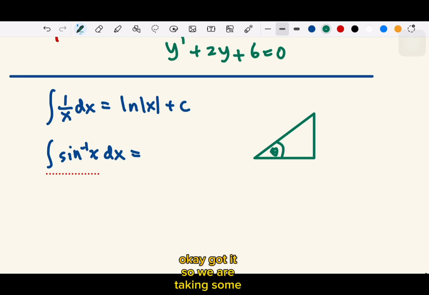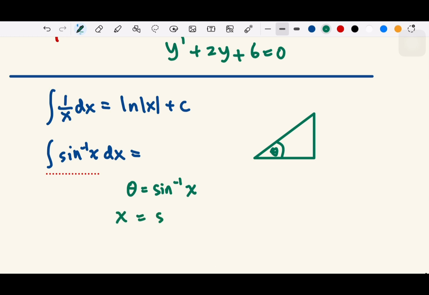So we are taking some angle that is the sine inverse of x. So x is the sine, and we can make it into our triangle, which is x here, and 1 here. And this one will be the square root of 1 minus x squared.